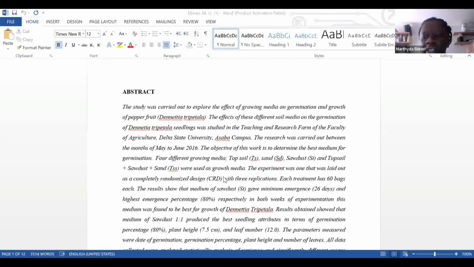So for this study, five soil media were used: topsoil, sawdust, and a combination of topsoil, sawdust, and sand. And sand was also used as a growth media. Why we use these different growing media is to know which of them can be better for the cultivation of this pepper fruit, because pepper fruit selects its growing media.